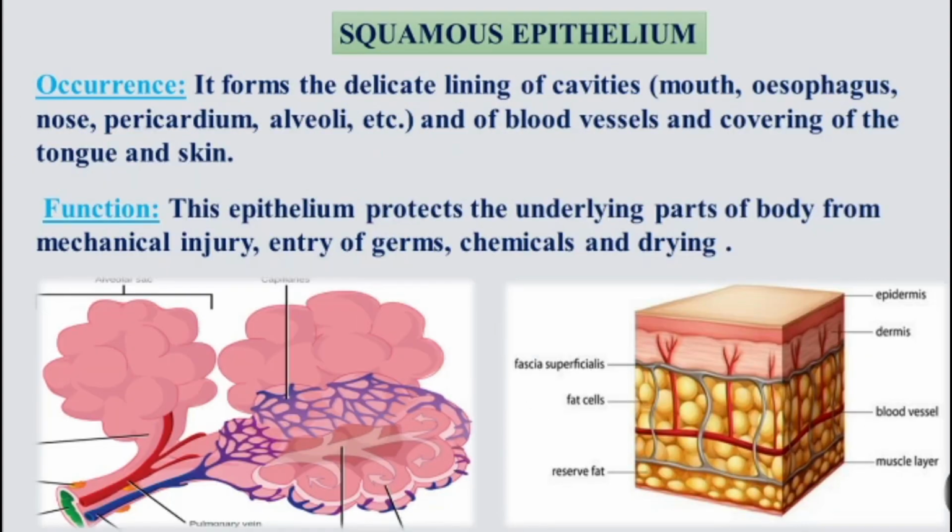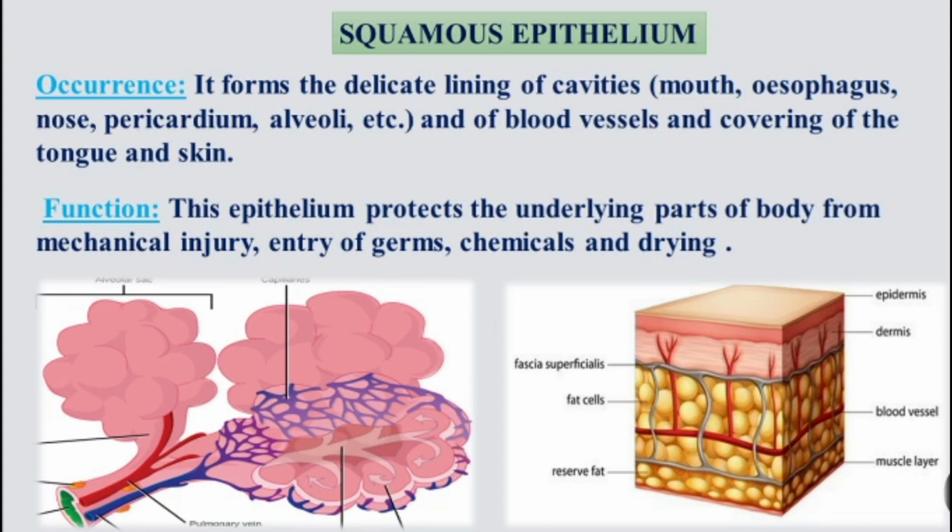In squamous epithelium, occurrence and function. It forms a delicate lining of cavities, for example the mouth, esophagus, nose, pericardium, and alveoli. So, the mouth and food pipe or esophagus, and the nose.